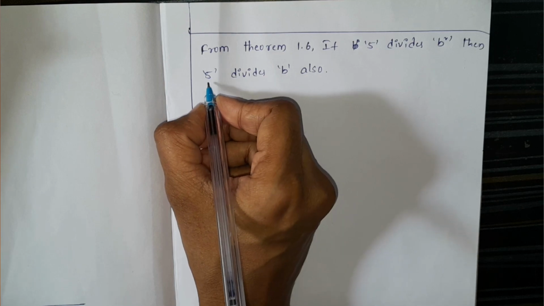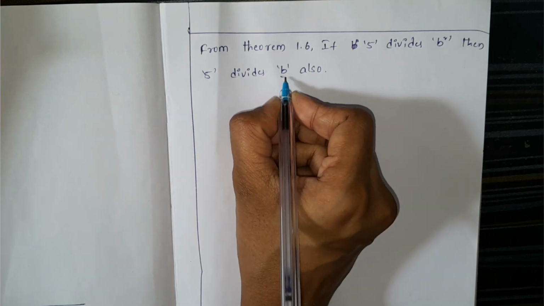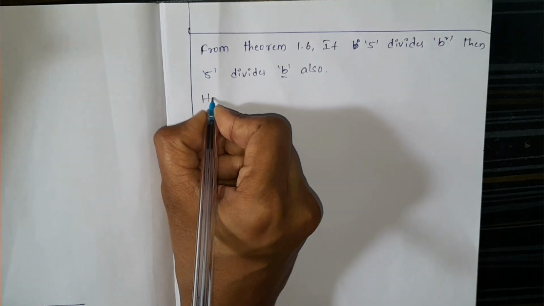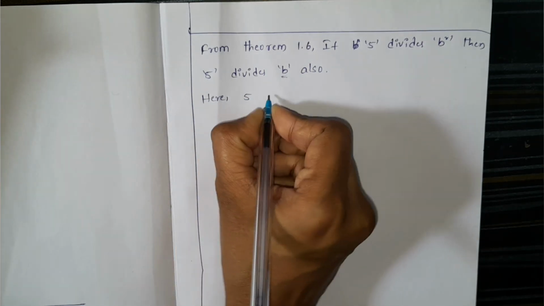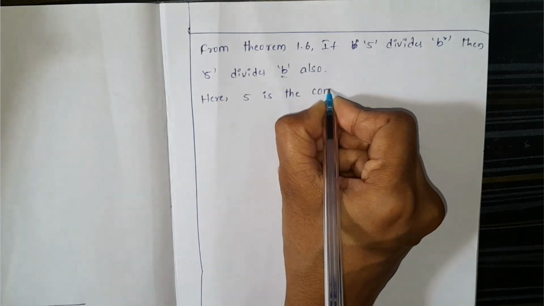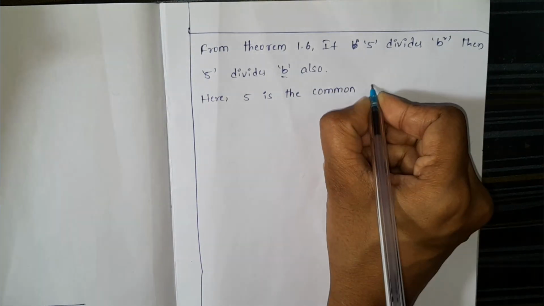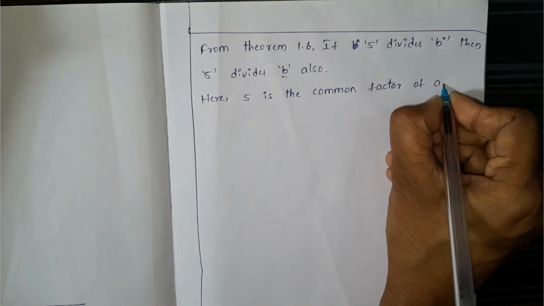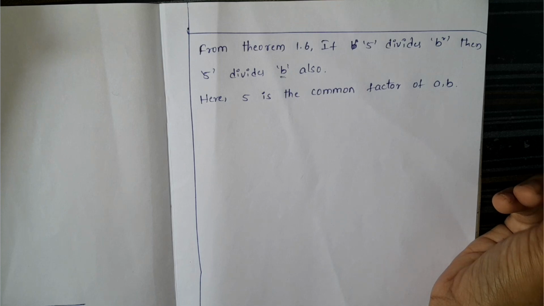Previously 5 divides a, and here it divides b also. Here, what does it mean? 5 is the common factor of a and b, right? 5 divides a and 5 divides b, so 5 is the common factor of a, b.